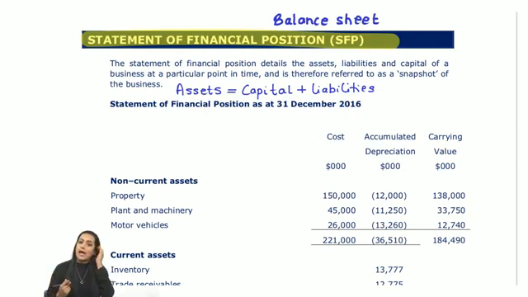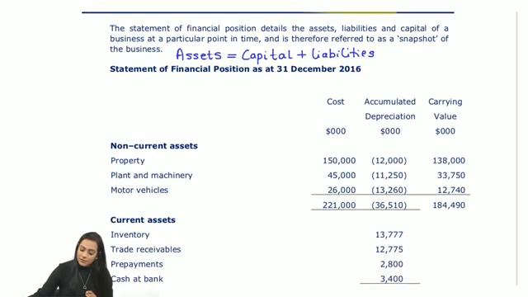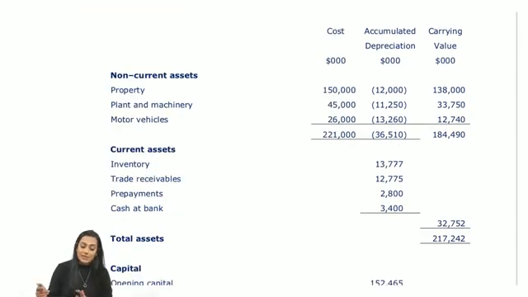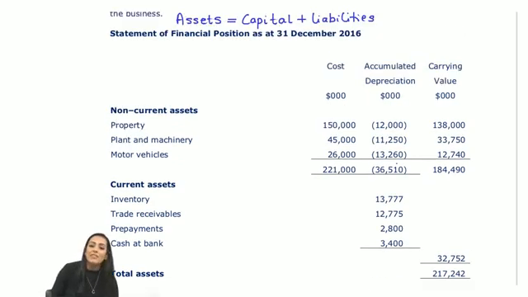But now let's look at this statement in detail. The very first thing we see is the assets of a business, okay? And the assets of a business are where we have items that the business owns.